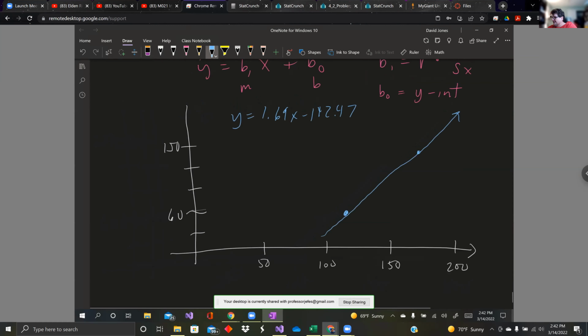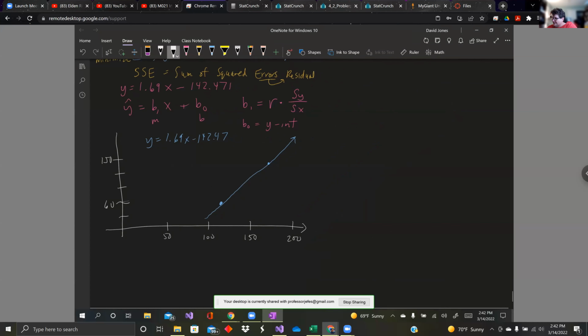And we can see if I extend that line downward, if I just keep having the blue line go downward, this is my Y-intercept. That's the negative 142.47. And that looks like really big text when I zoom back in. So I'm going to rewrite that smaller.